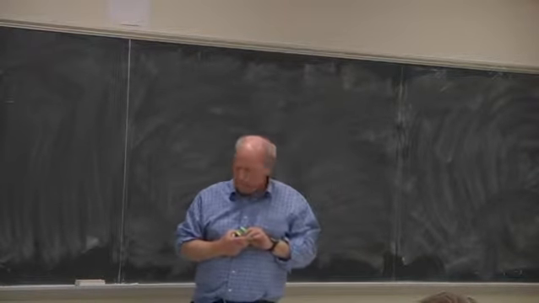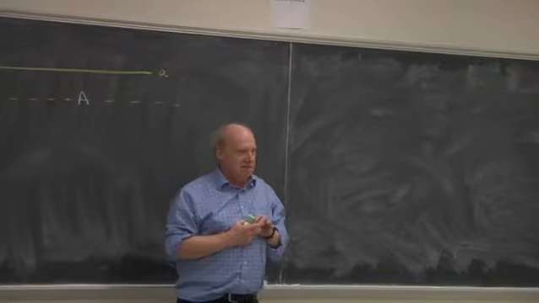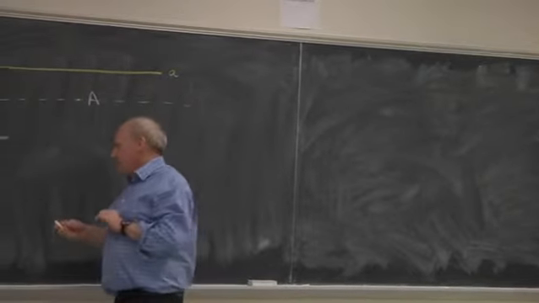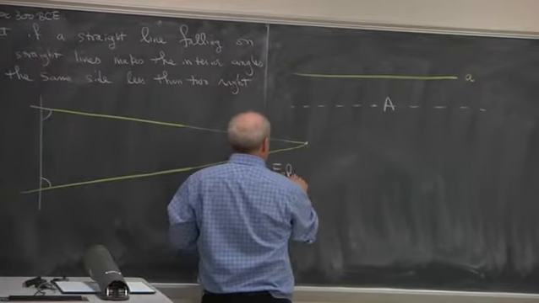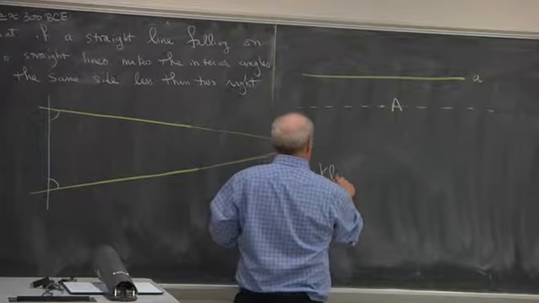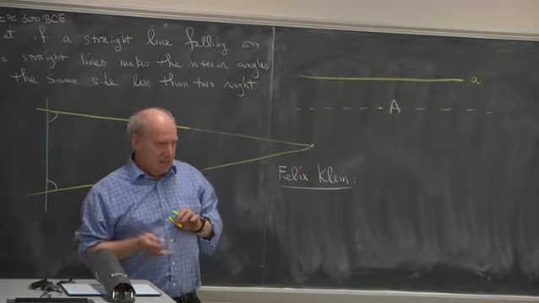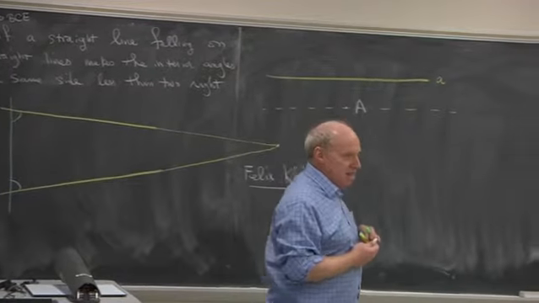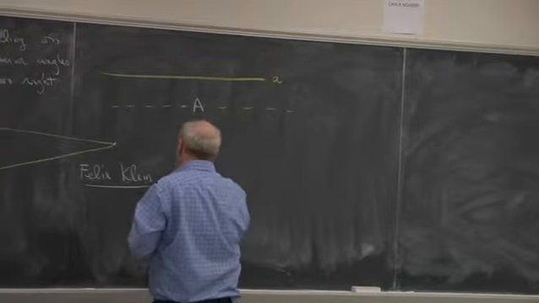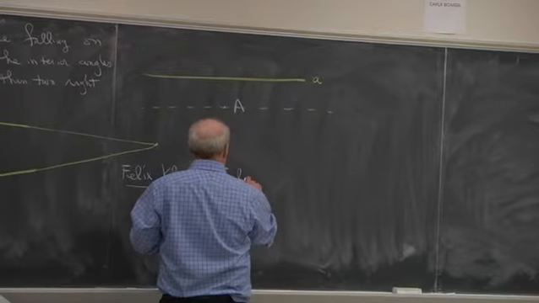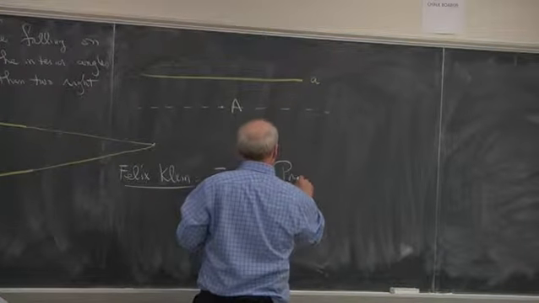And so I want to put parallelism in the context of a point of view of geometry that's due to Felix Klein. Another German mathematician, he lived in the time of Hilbert and also worked at the same place in Göttingen, Germany. And he had something called the Erlangen program.